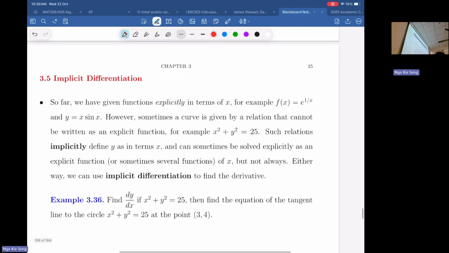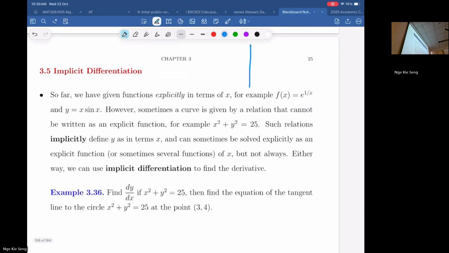In this case, last time we already discussed that this circle is not really a function, because it fails the vertical line test. So we cannot write y equals something in terms of x. Remember that last time we said we can split it up into the upper semicircle and the lower semicircle.